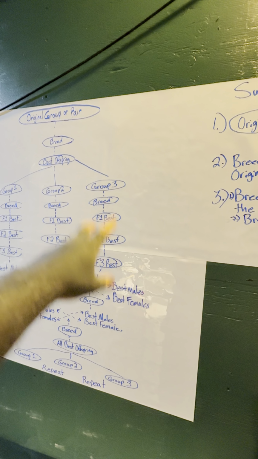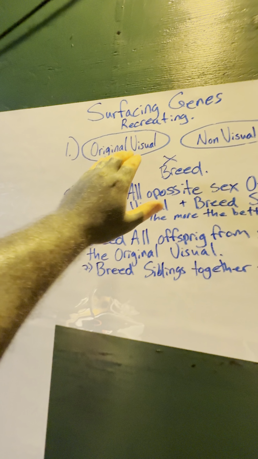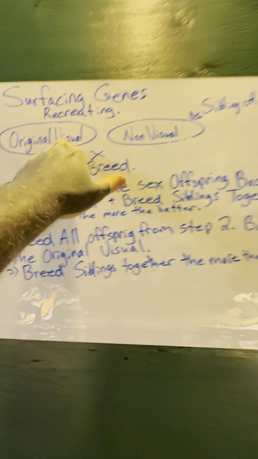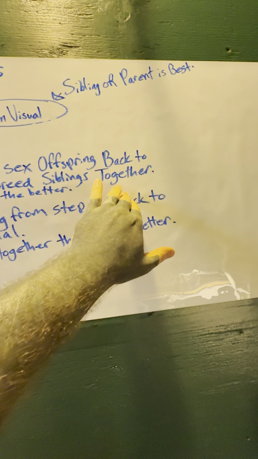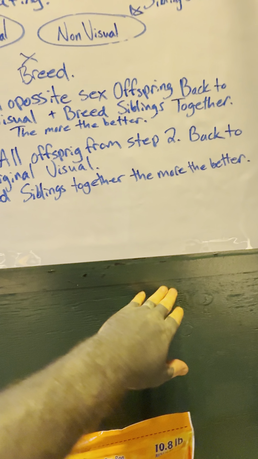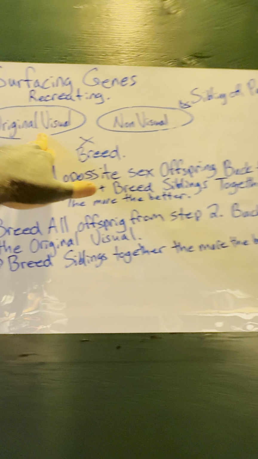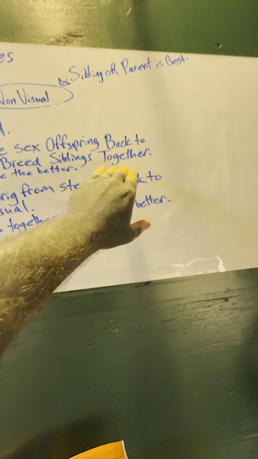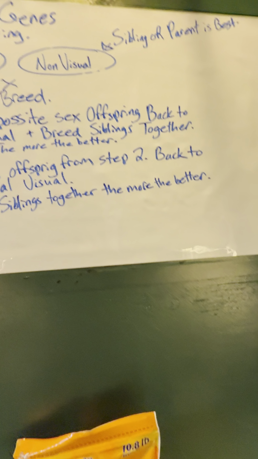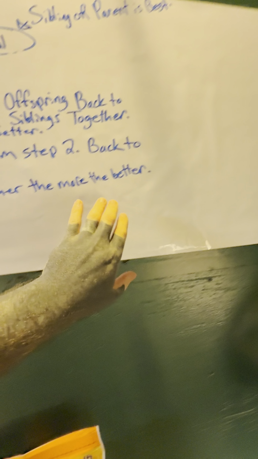And there was no history of albinism. You could just take this original visual and breed it straight to multiple different sources of albinos for cichlids, right? And if this was a new trait, then it would not produce albinos here. You would just get all non-visuals.